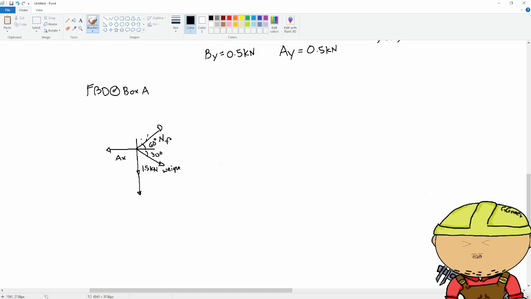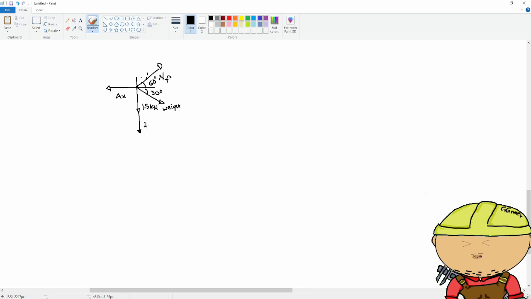But if we are talking about the box, the reaction of the bar will be 0.5 kilonewton downward. The bar's reaction to the box is pushing it downward because of the 1 kilonewton weight. This is going to be F.